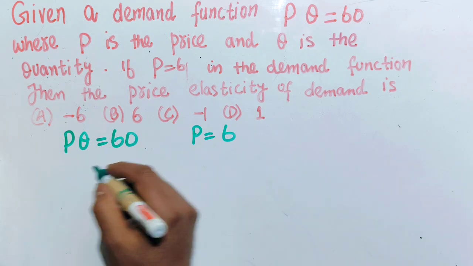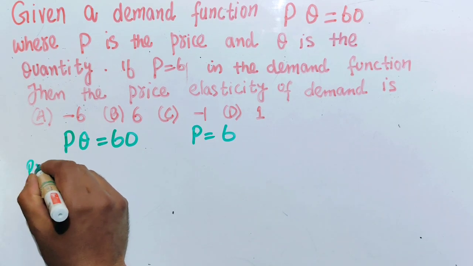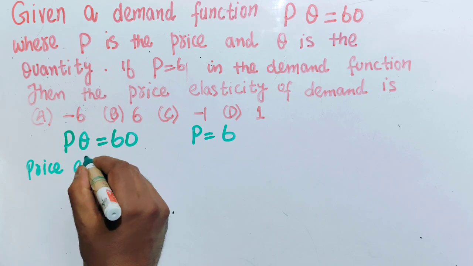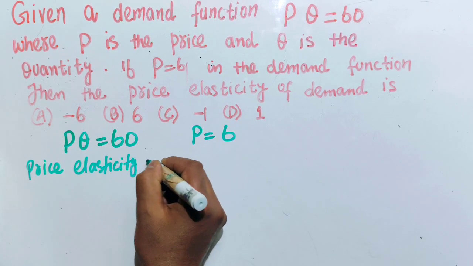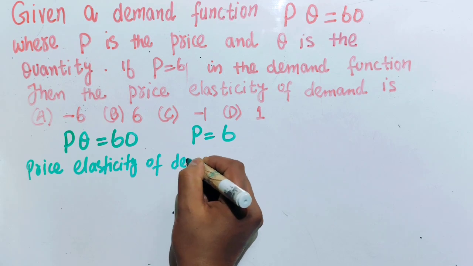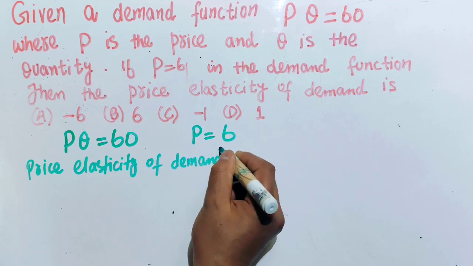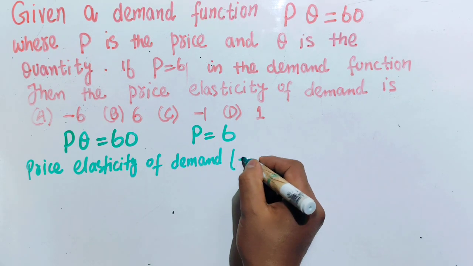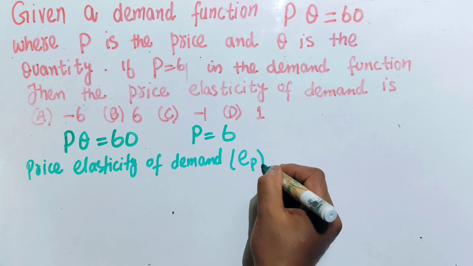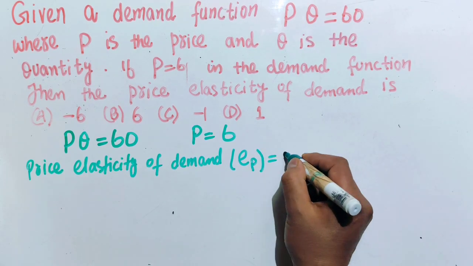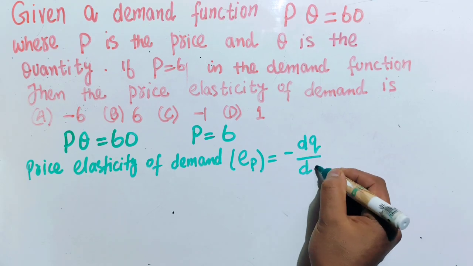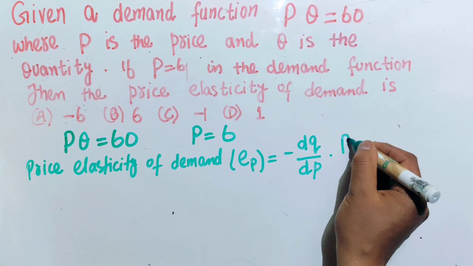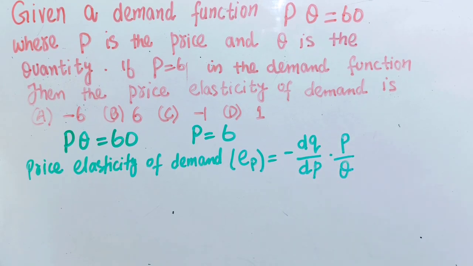Price elasticity of demand, its formula, as we know from various videos that I have made, is equal to minus times the change in the quantity demanded due to the change in the price times price upon quantity demanded at that price.